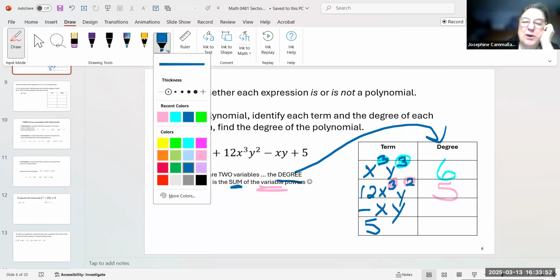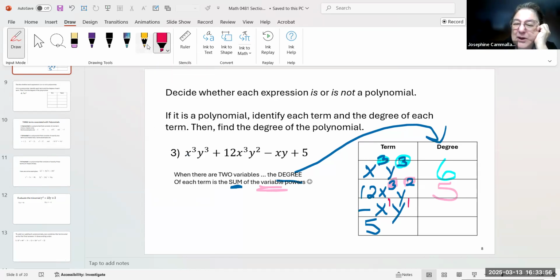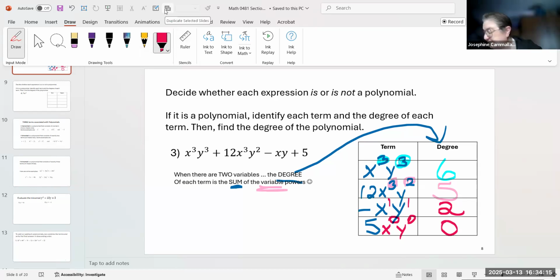Now, this one has 1 up here, 1 up here. This is 2. Now, this is where you got to be careful. This is x to the 0. Y to the 0 is understood. But what's 0 plus 0? It's 0.